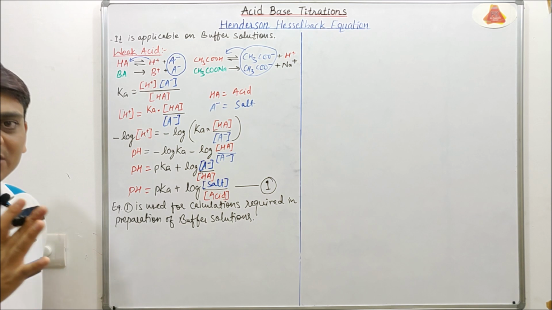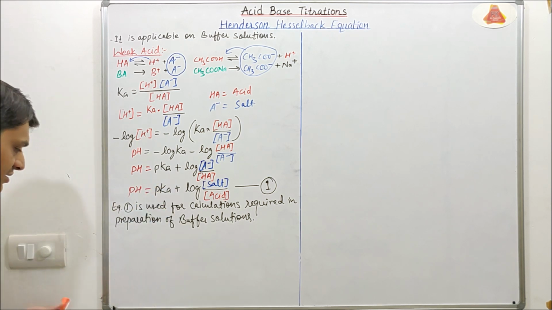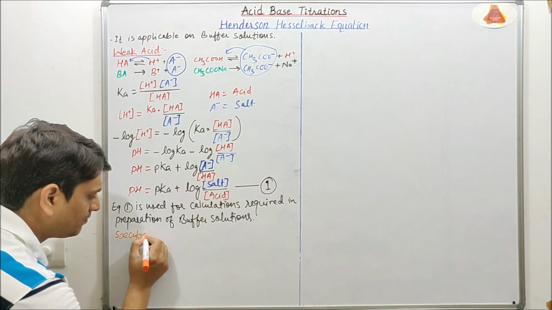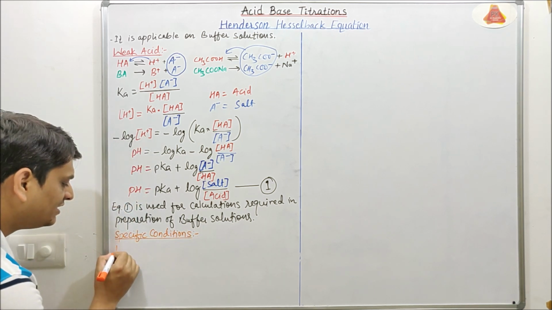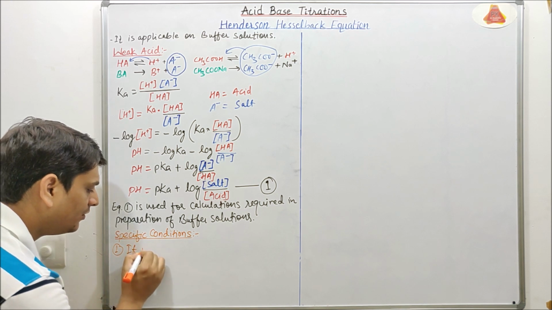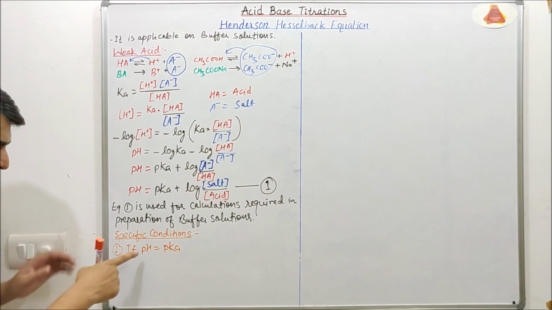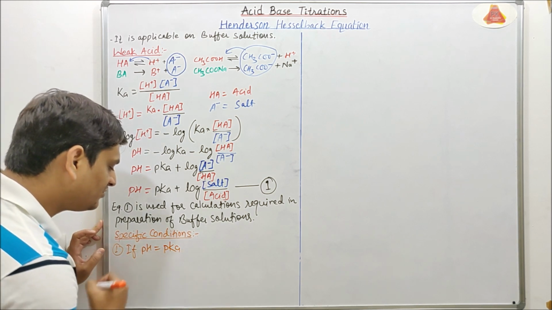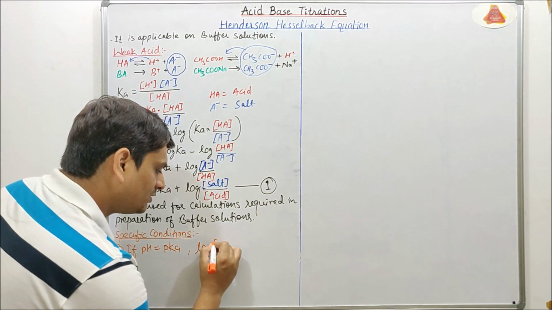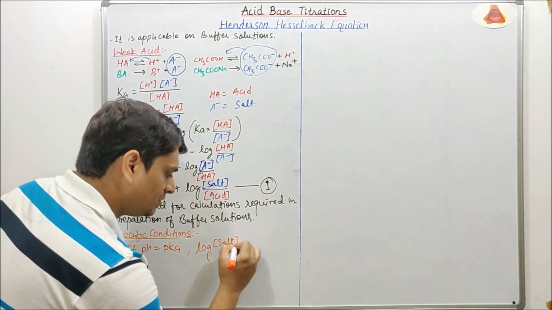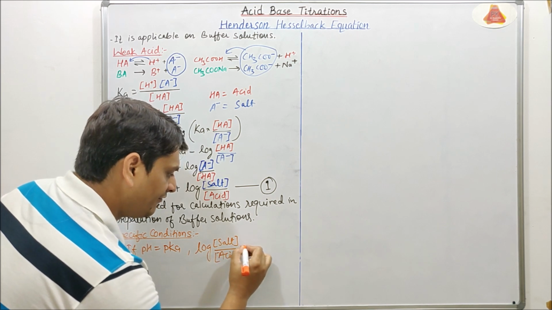Now let's take some specific conditions and their interpretation according to this equation. The first condition is that if pH is equal to pKa, then the value of log salt by acid will be 0.